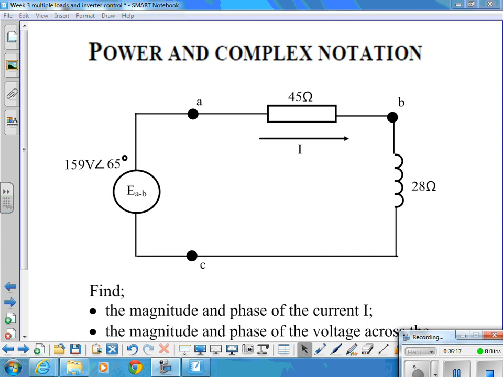So the voltage is 65 degrees out of phase with the current. It's a reference voltage, with an angle associated with it.